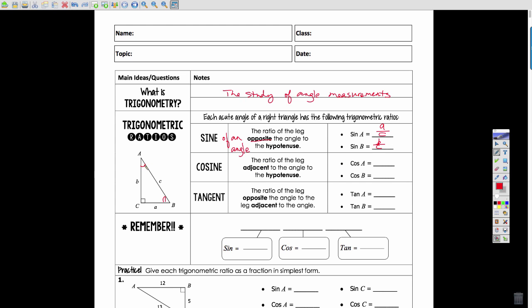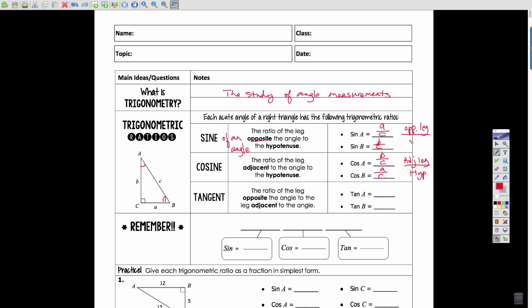So for A, the adjacent leg is B over hypotenuse. And then for cosine B, the adjacent leg is A over the hypotenuse. So cosine is adjacent leg over hypotenuse. Notice we have two legs.